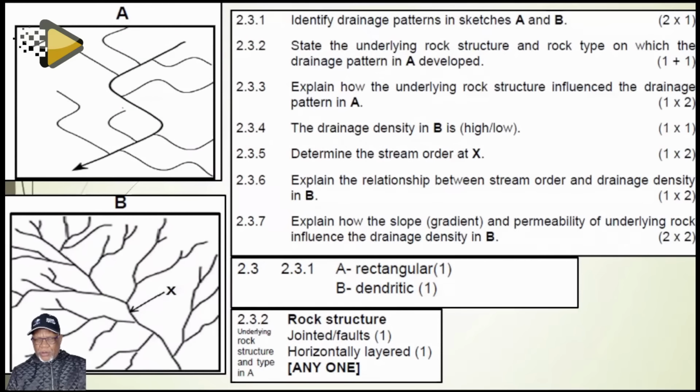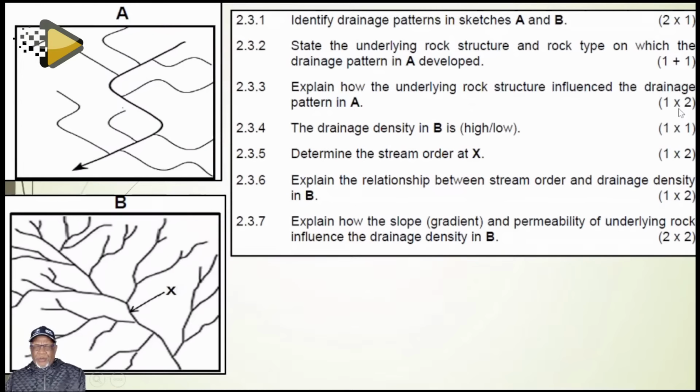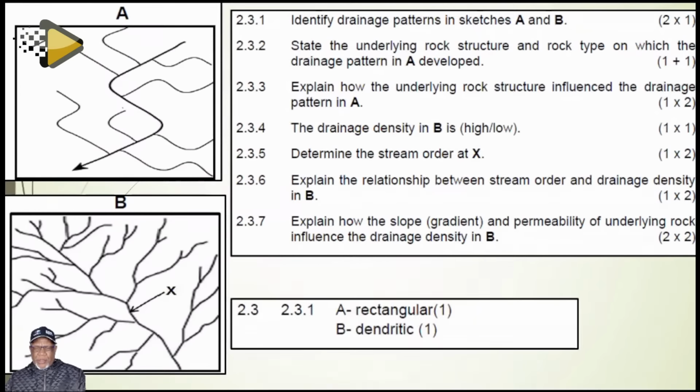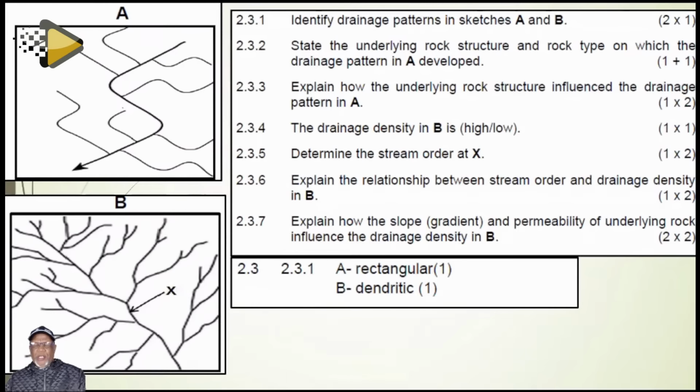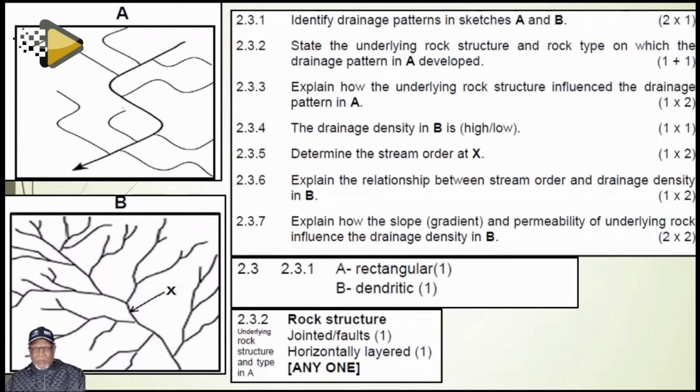Jointed igneous rock or horizontal layered. Let's continue. Identify the drainage pattern in sketch A and B. So sketch A, we said the drainage pattern there is rectangular, and sketch B is dendritic. And then state the underlying rock structure and rock type.